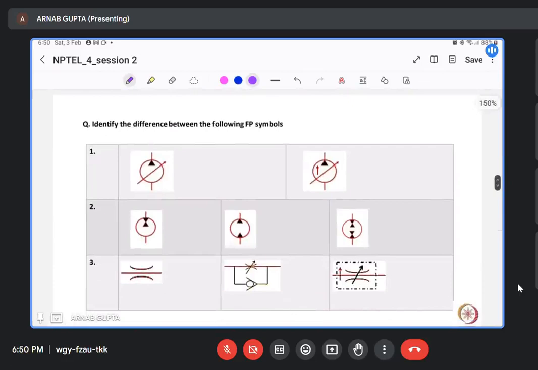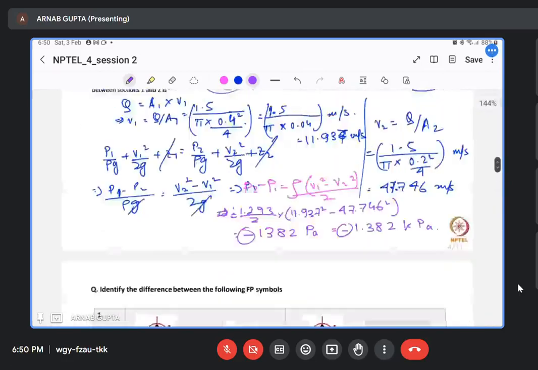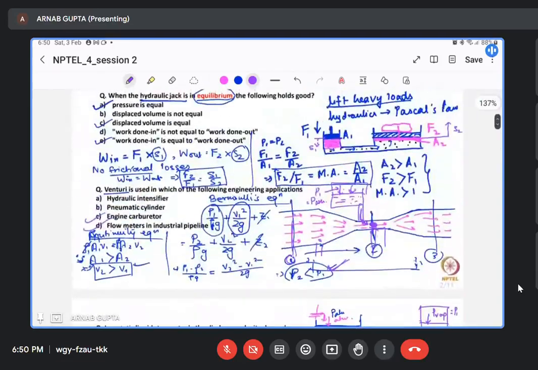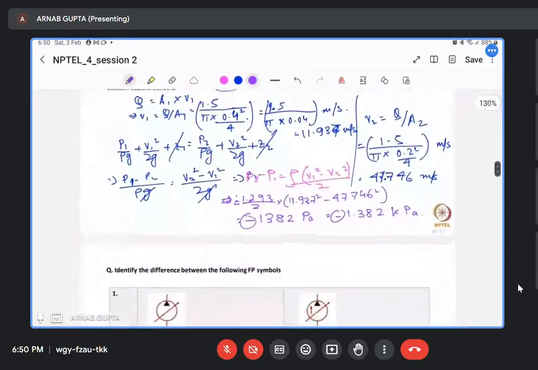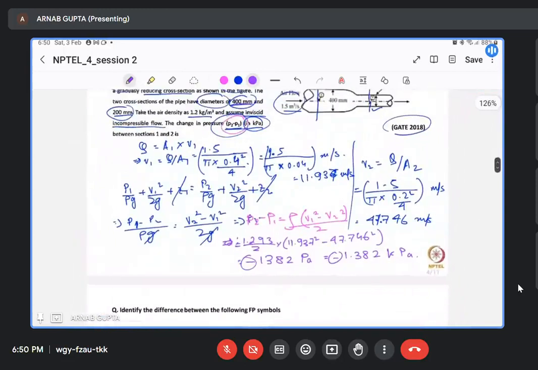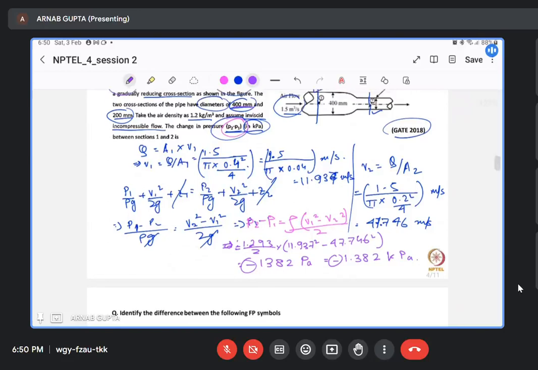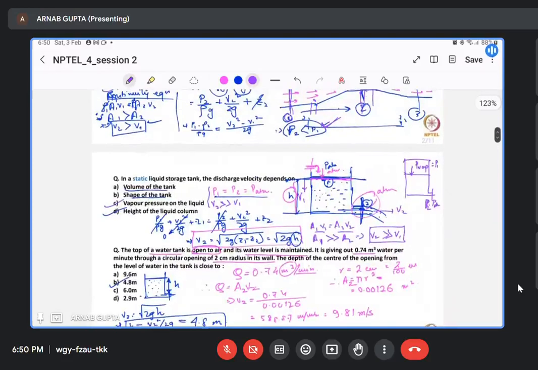Okay, now coming to the fluid power components. Let's just recap the initial part. In the last few questions, we came across different numericals where we applied Bernoulli's theorem, Bernoulli's equation, and Pascal's law. And this was Torricelli's theorem.